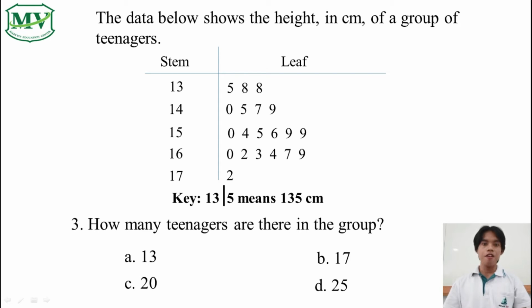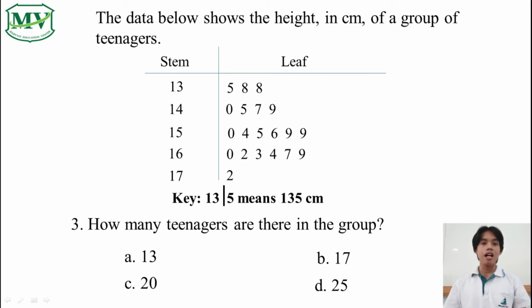According to the key, 13 and 5 means 135 centimeters. 13 and 8 means 138 centimeters. 14 and 0 means 140 centimeters. And so on. These represent the height of the teenagers. That means that one of the teenagers has the height of 135 centimeters.